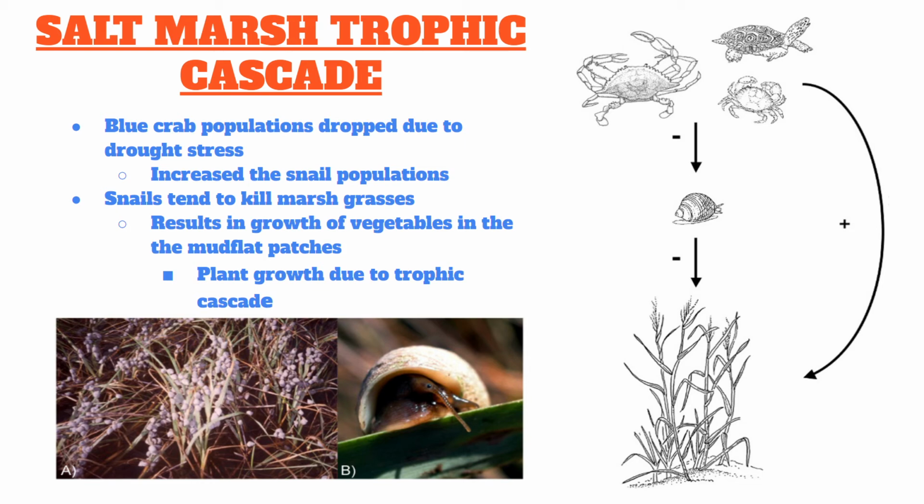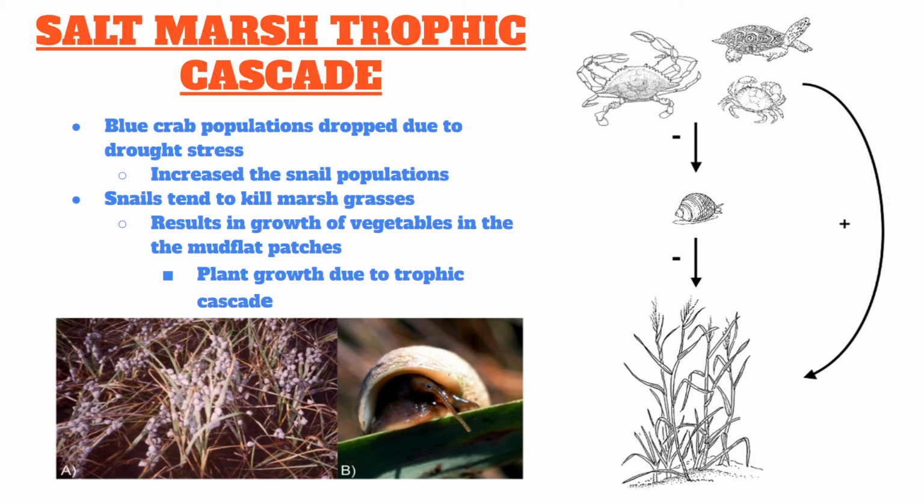And this increases the snail population. The predators eat their prey, and when there's less predators, more prey can be produced. These are the herbivores that we were talking about before. And when there are more herbivores, then there needs to be more producers for them to eat.